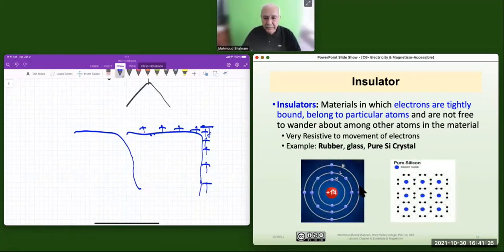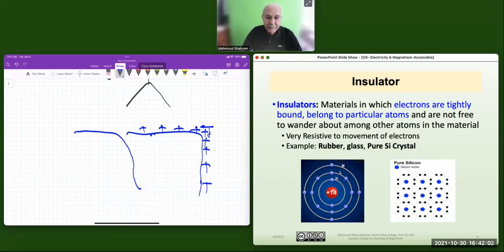Now, silicon has four valence electrons at the outermost shell, outermost orbit. And we're going to talk extensively about the shell and orbit in the next chapter. When they are in the form of a crystal, they share these electrons. So if you look at any silicon atom, it has 8 electrons in the outermost shell.